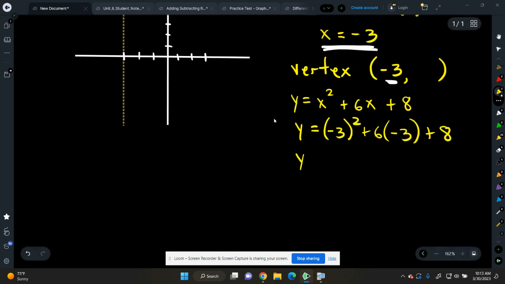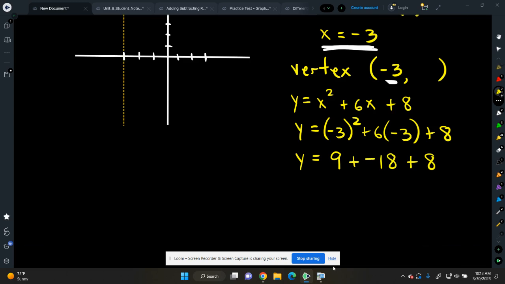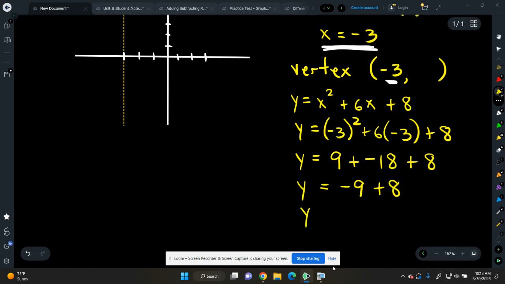So y equals negative 3 squared, which is positive 9. Negative 3 times negative 3 is positive 9. Plus 6 times negative 3, which is negative 18, plus 8. So y equals, let's see, 9 plus negative 18 gives me negative 9 plus 8. So y equals negative 1.